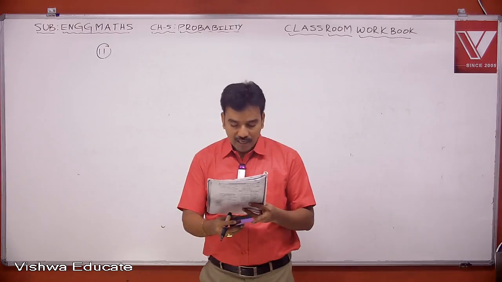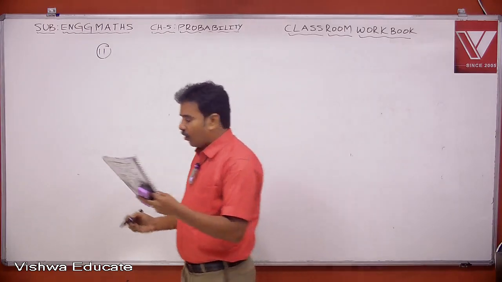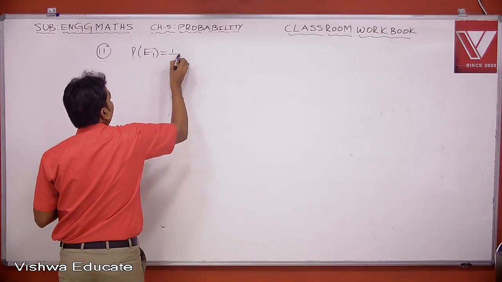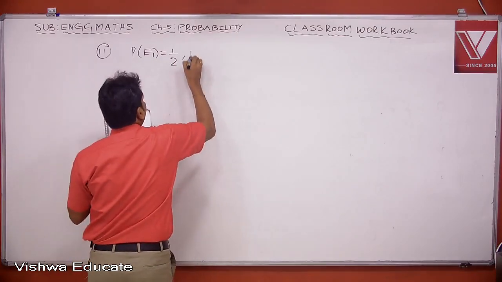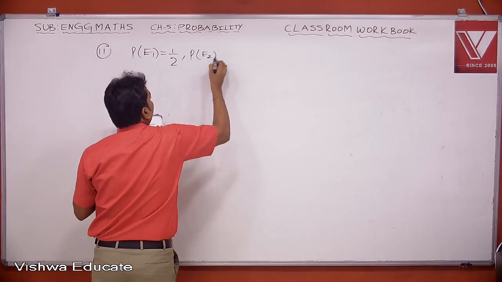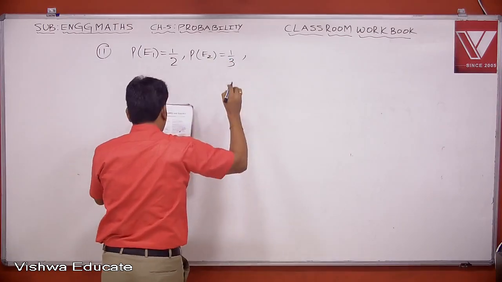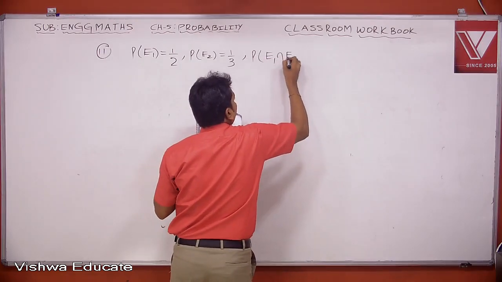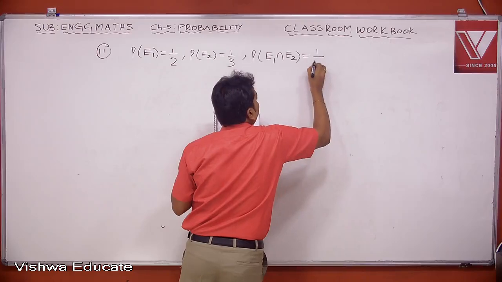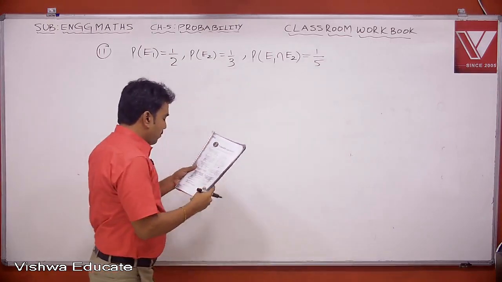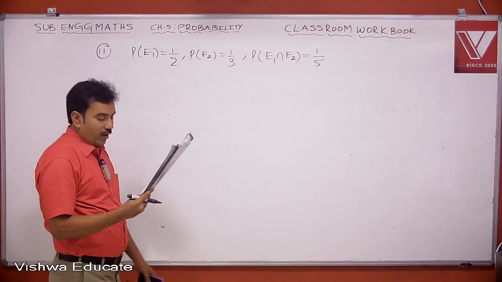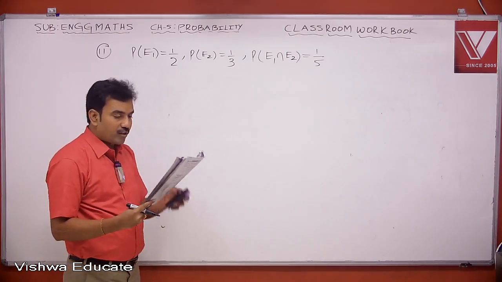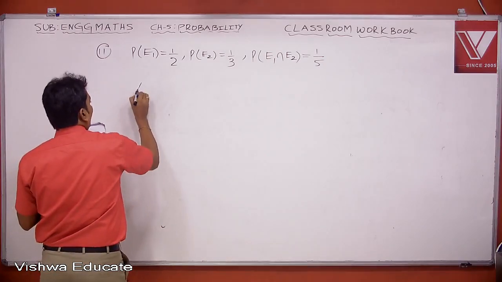Two events E1 and E2 are such that P of E1 equal to 1 by 2, P of E2 equal to 1 by 3, and P of E1 intersection E2 equal to 1 by 5. Then which of the following statements is true? Let me write the options.